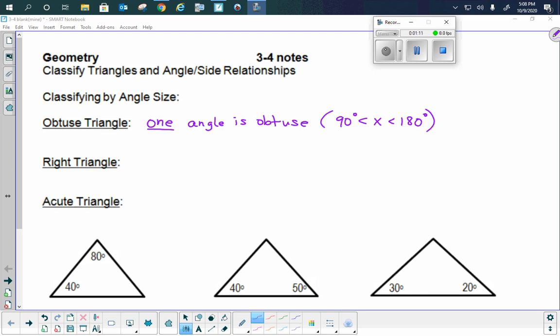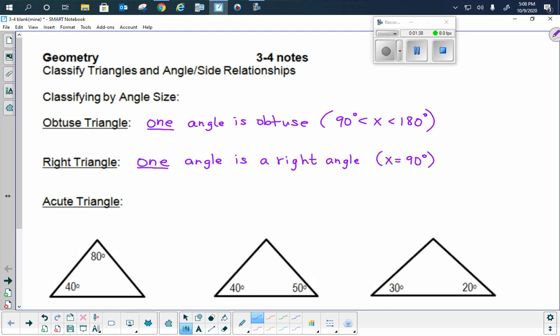Likewise, in a right triangle, again, it is one angle for the same reason as the last one that we just talked about. So only one angle is a right angle. And right angles are equal to exactly 90 degrees.